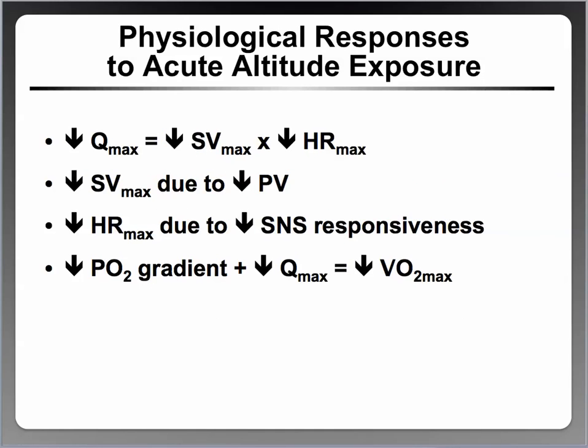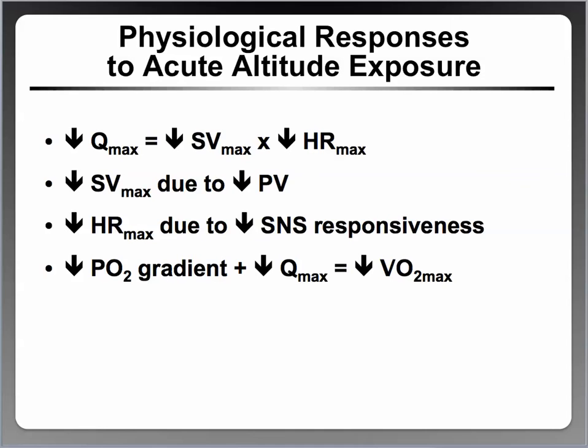The previous slide we talked about what happens during rest and submaximal exercise. This slide focuses in on maximal level exercise, and you see a lot of arrows pointing down here. One thing kind of leads to the other. At maximal exercise, you see a decrease in maximal cardiac output. That's due to both a decrease in stroke volume as well as a decrease in maximal heart rate.